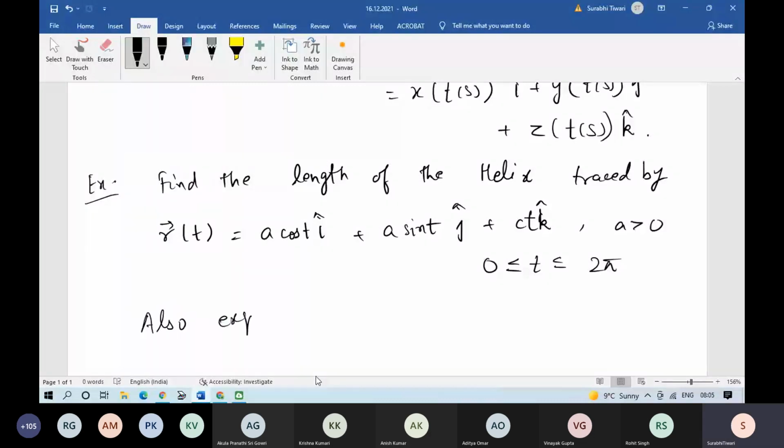Also express the position vector R(t) in terms of arc length s, the same thing as the note above.